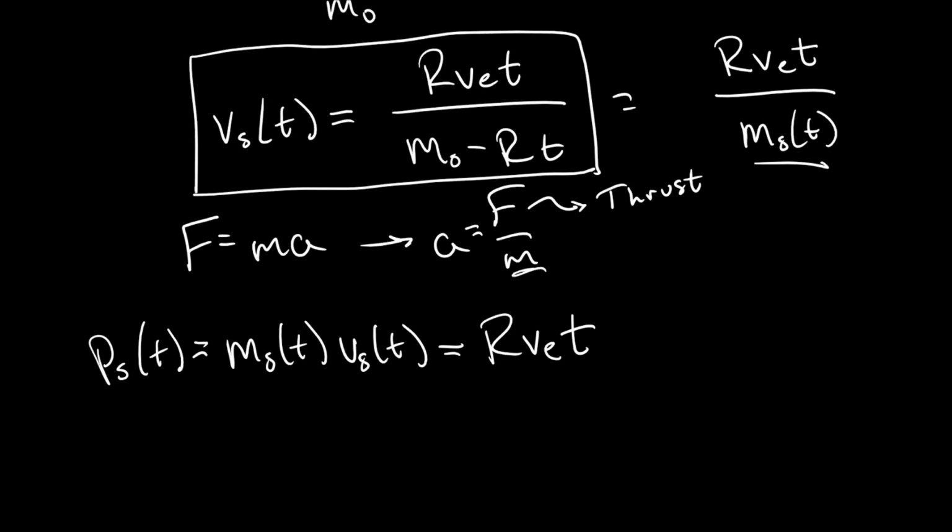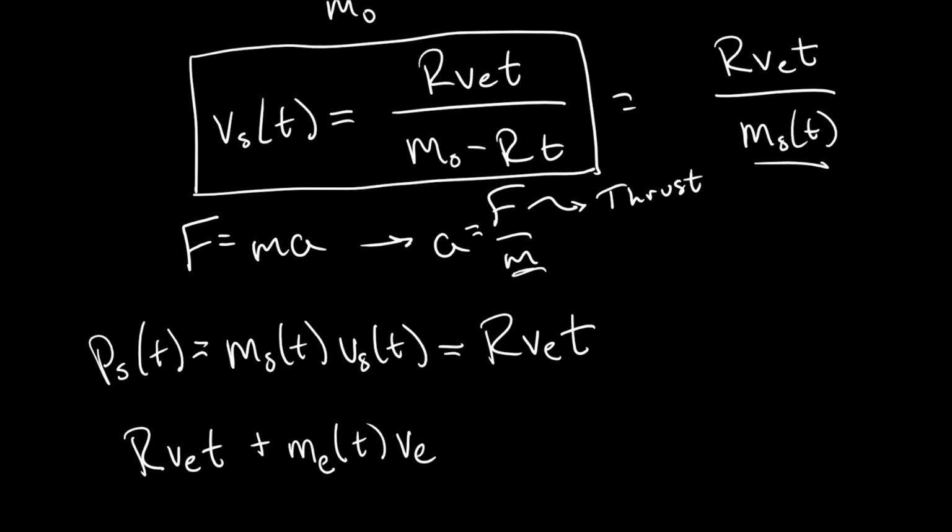The initial velocity of our ship was 0, so its initial momentum was 0. So we know that the total momentum always has to be 0. So if we write this out, we have RVET plus m e, the mass of the exhaust, times the velocity, but it's going in the opposite direction of our ship.